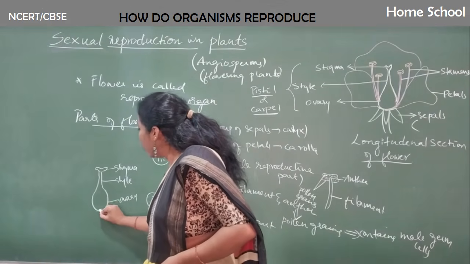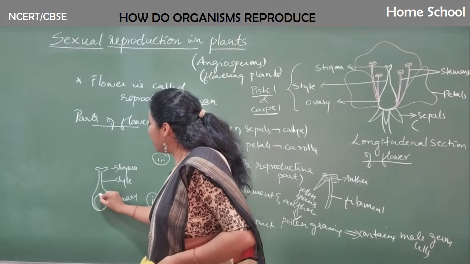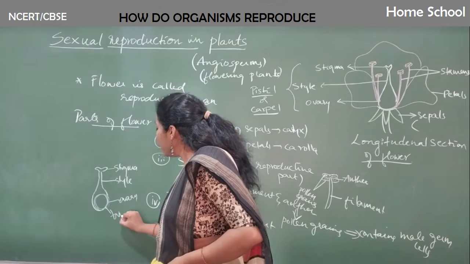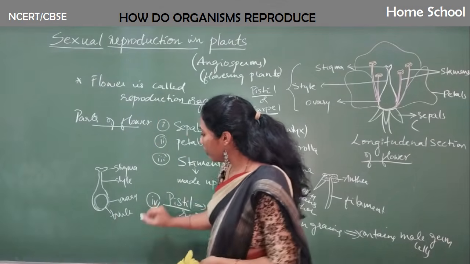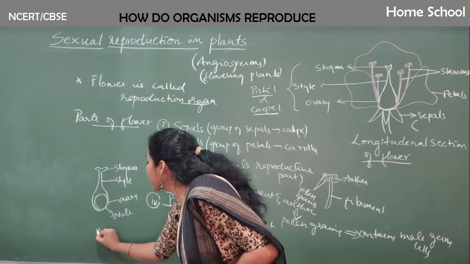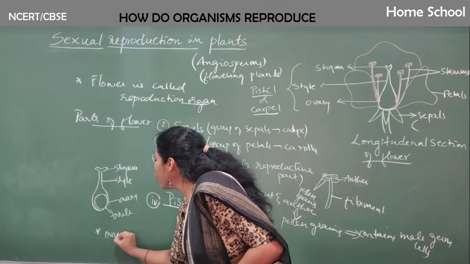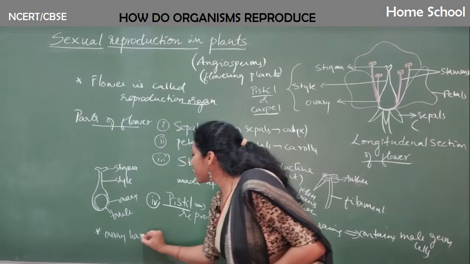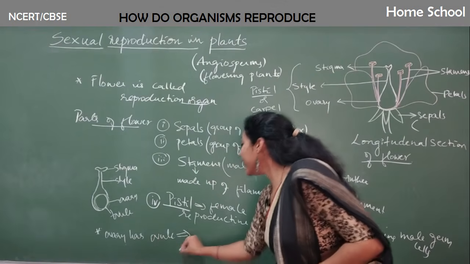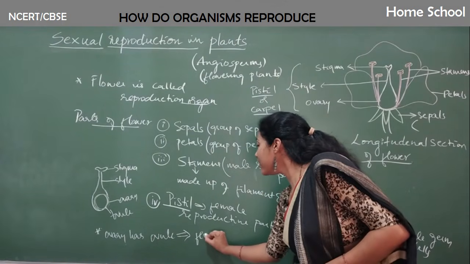Ovary contains one more structure, and this is what we call ovule. Got it? Write down the point here: ovary has ovule, and ovule contains female germ cell.